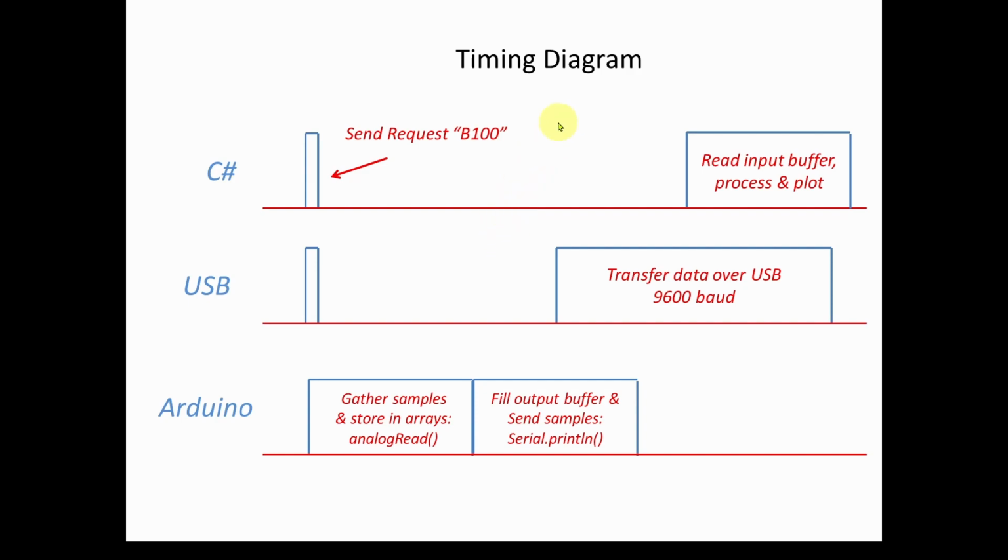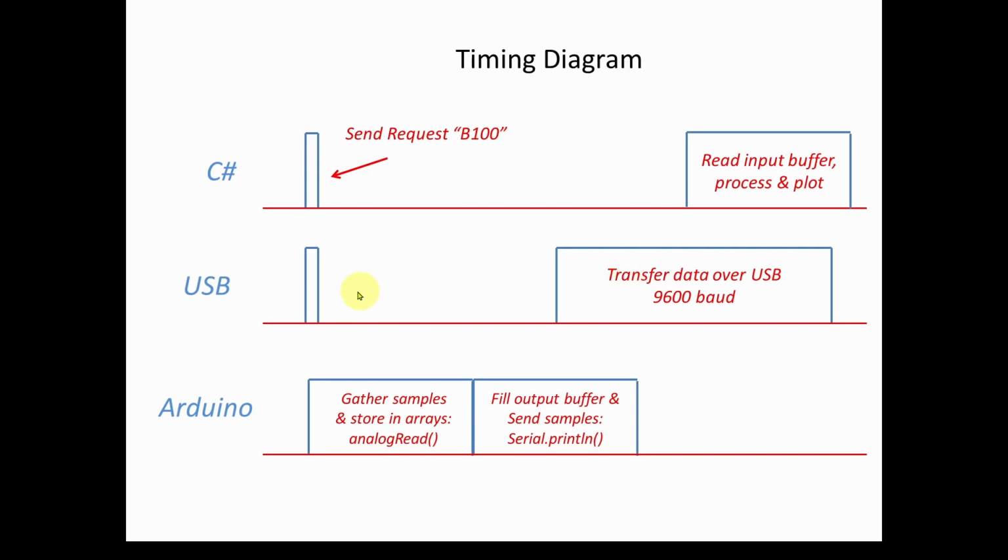So we're going to start out with what's called a timing diagram. It's basically just going to give you a conceptual idea of what's going on in the process and how long the different parts of the process are taking. So you can see here I've got my C# application. What's that doing? I've got the USB connection between the computer and the Arduino.